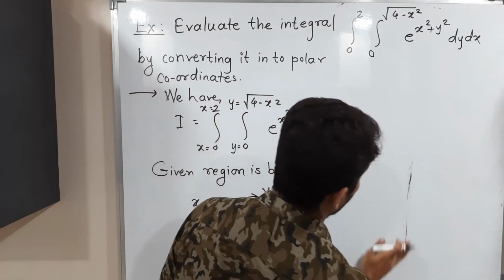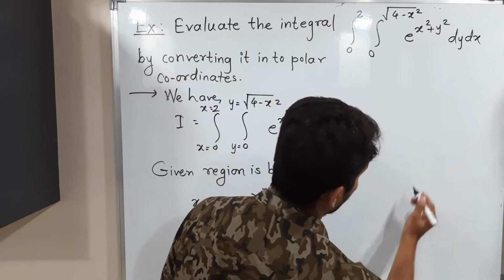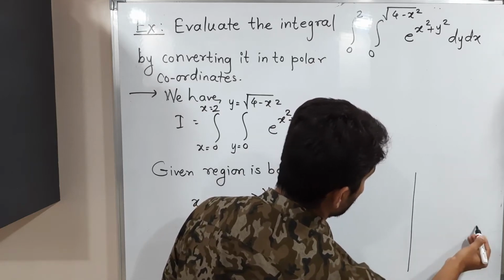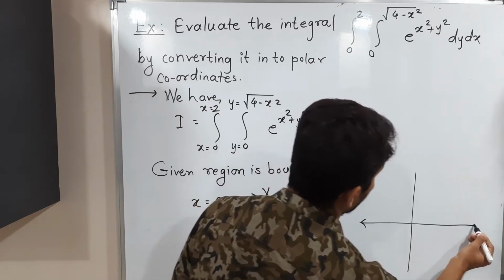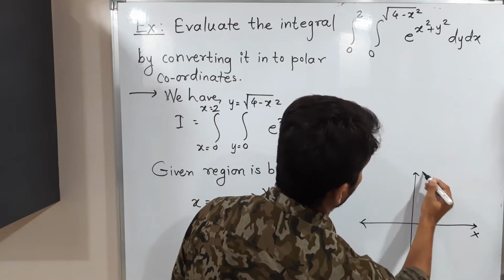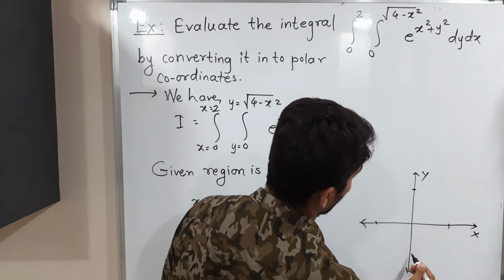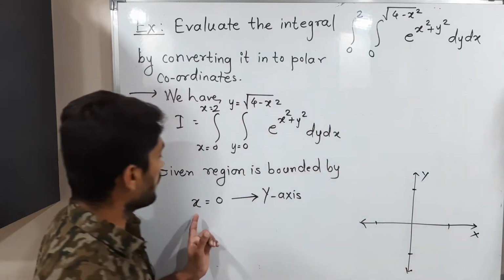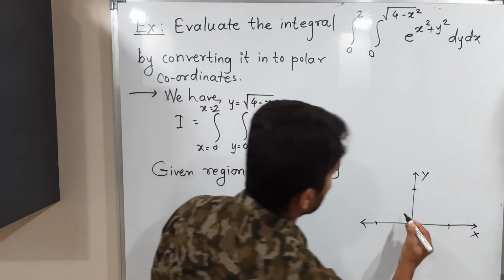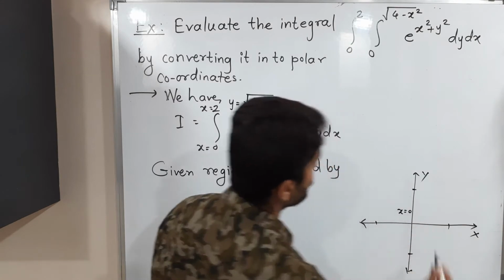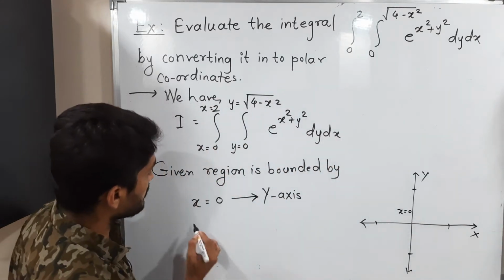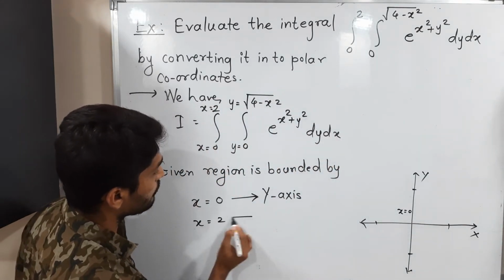So this is the y-axis. This one is the x-axis. One rough diagram I will draw here, with 1, 1, minus 1, minus 1. We have x is equal to 0, the y-axis. What is the next one? X is equal to 2.